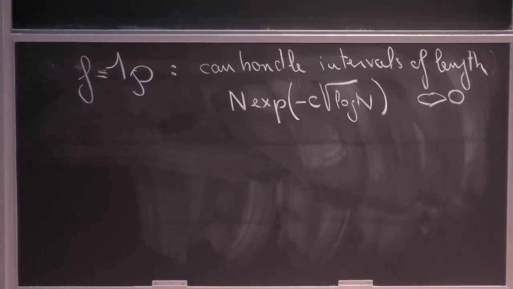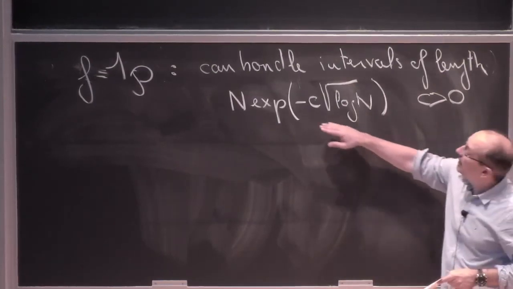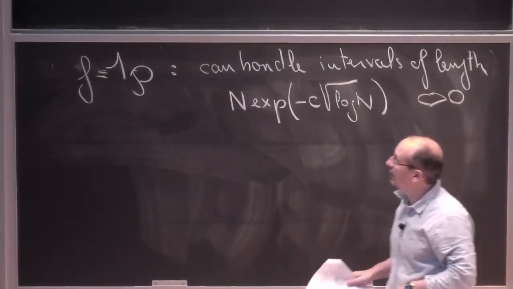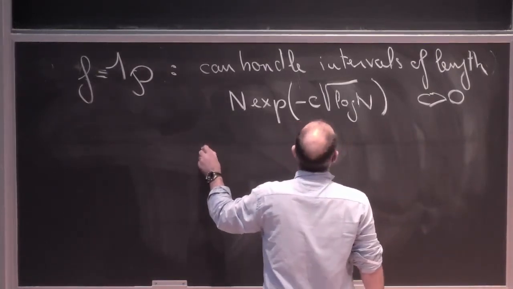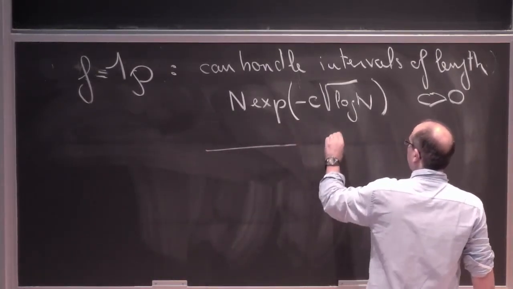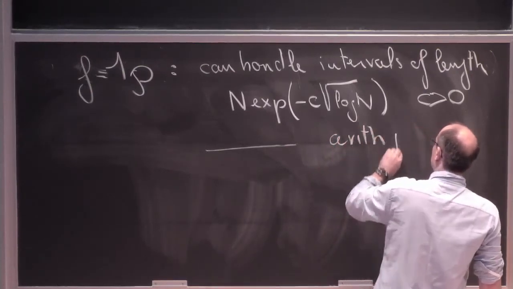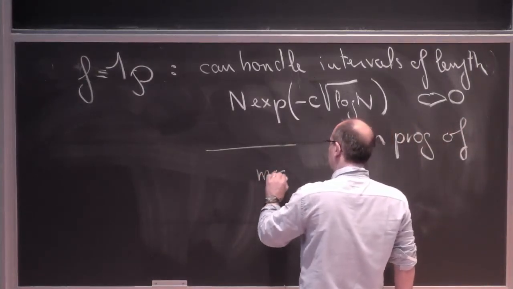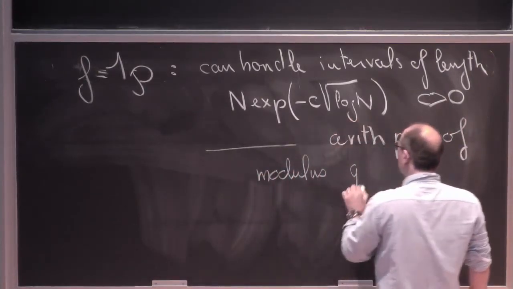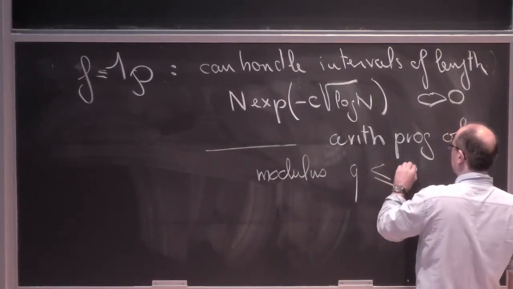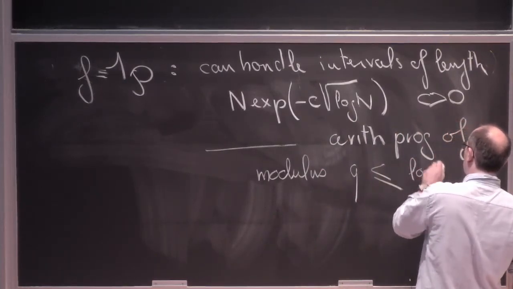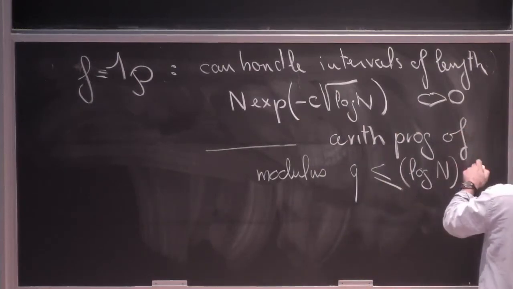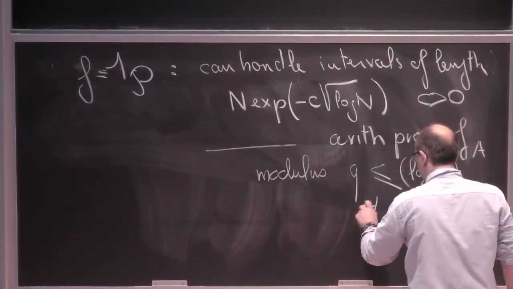So you can have a good formula for this when f is the characteristic function of the primes, if your interval is only a very little bit smaller than n. And one can handle arithmetic progressions of modulus q less than log of n to the a, for any a.